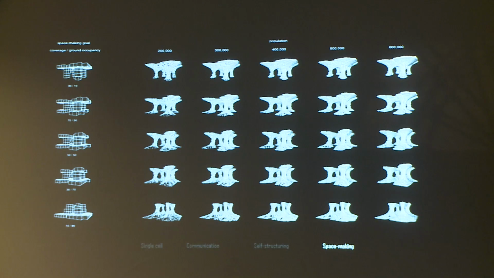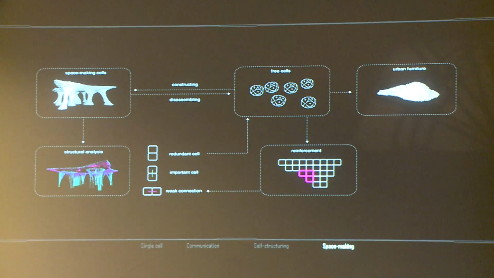We can also introduce some more building criteria like the coverage and ground occupancy. And the redundancy of the system is important because it provides free cells that are able to migrate either to create spaces or to help reinforce.